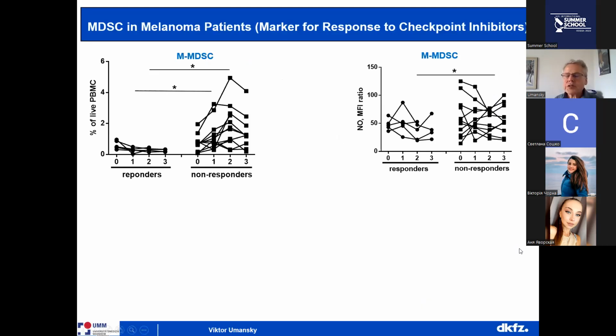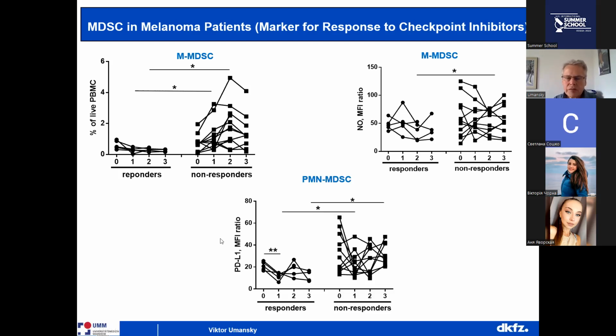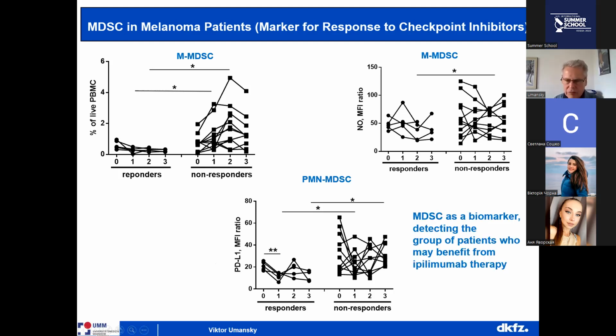What about the response to immune checkpoint inhibitors, the dominant immunotherapy now in melanoma? We found that there is accumulation of MMDC in non-responders, and these MMDC can also produce a higher amount of nitric oxide, whereas PMN MDSC can express a higher level of PD-L1 in non-responders.